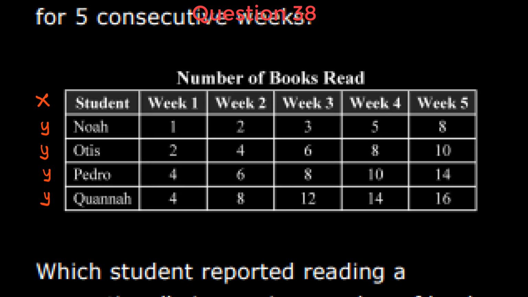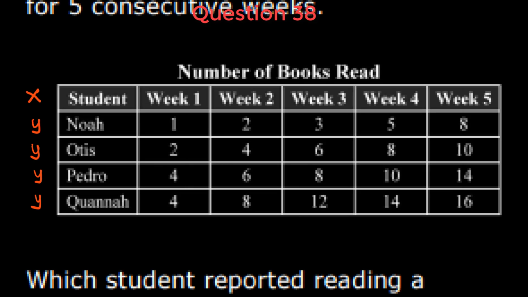Let's see which one is going to give us a proportional relationship. In other words, in which name we will have the y over x ratio remaining always the same. The y over x ratios for Noah: 1 over 1 is 1, 2 over 2 is 1, 3 over 3 is 1, 5 over 4 is not 1, it's 5 over 4, so it's not a proportional relationship because we didn't get the exact same ratio all along.